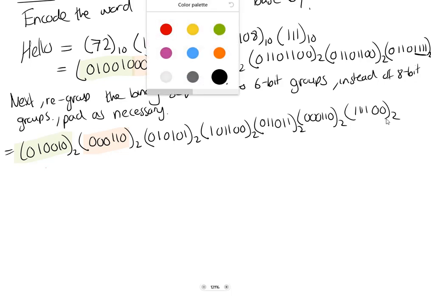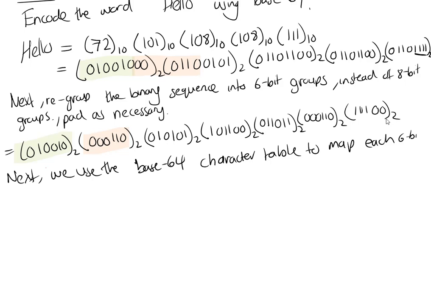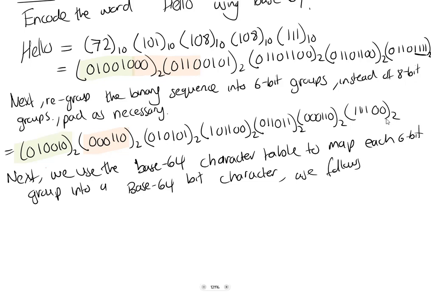So next, we use the base 64 character table to map each 6-bit group into a 64-bit character as follows. Okay, I'm going to say as follows, right?